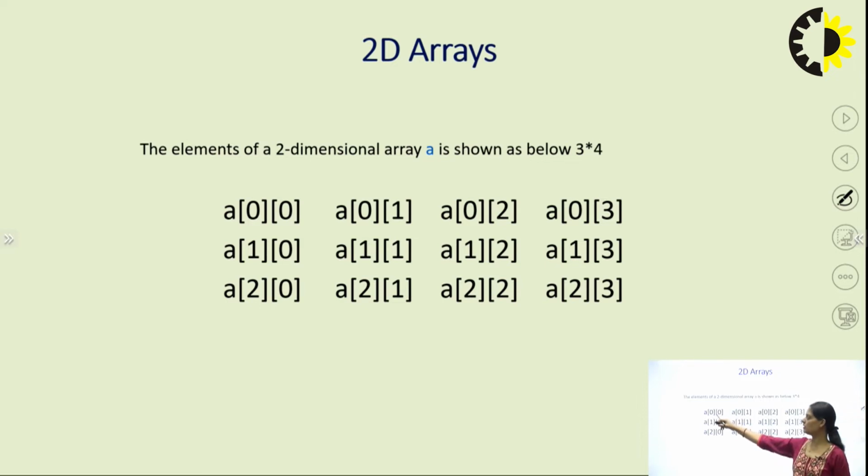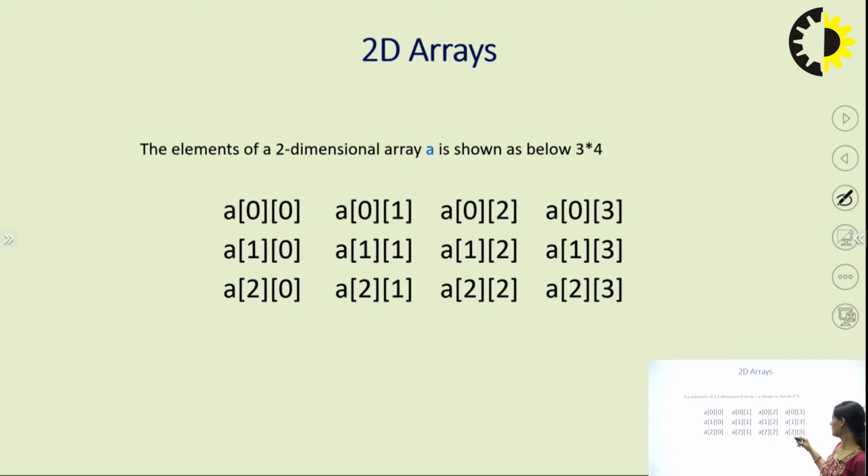So over here the first element is 0, 0, that is 0th row and 0th column. Second is 0th row, first column, 0th row, second column, 0th row, third column. Similarly, first row, 0th column, first row, first column, first row, second column, and so on up to A of 2, 3.